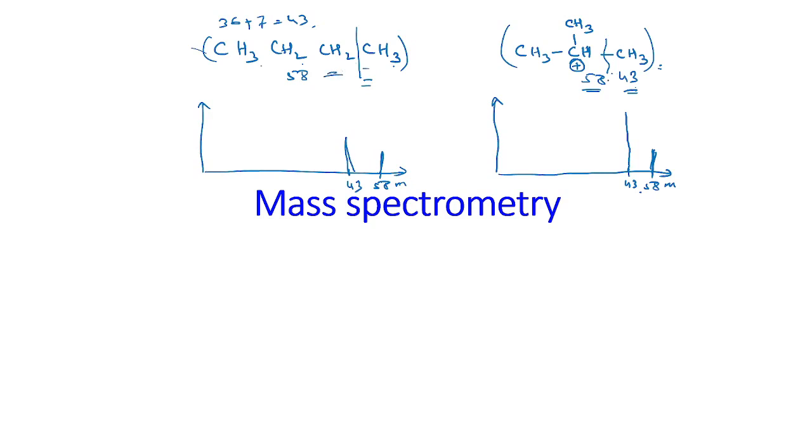However, in whatever way you cut this, you will be getting a secondary carbocation. Since you are getting a secondary carbocation, the relative abundance in the second case will be higher, even though both the peaks will be appearing at 43.